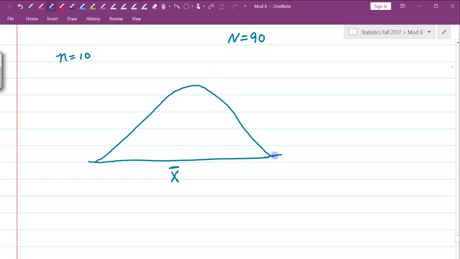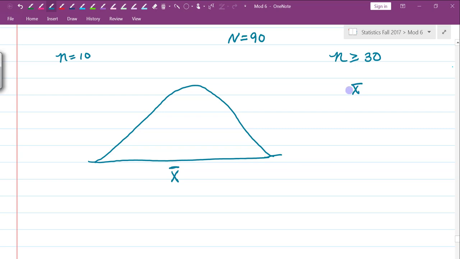What we also find is that the larger the sample size gets, typically we would say greater than or equal to 30, so as long as my lowercase n is greater than or equal to 30, it actually doesn't even matter what the distribution is of the raw data. The distribution of my means will take on a normal distribution.